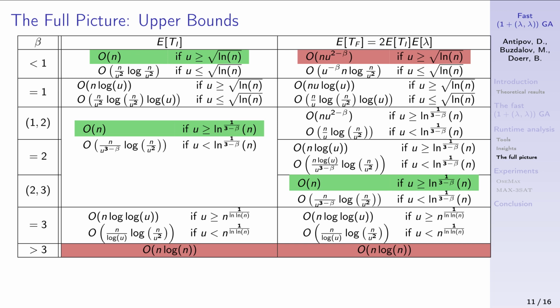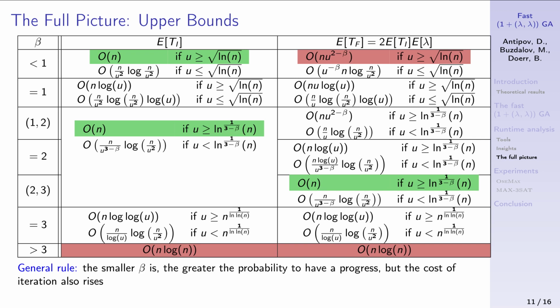The general rule, which can be seen in this table, is that smaller betas give us a better runtime in terms of iterations, because we are more likely to sample larger lambdas, which make the probability of a successful iteration greater. But on the other hand, it also increases the population size, and the trade-off between these two effects is met in the interval between 2 and 3, where we also have a linear number of fitness evaluations.